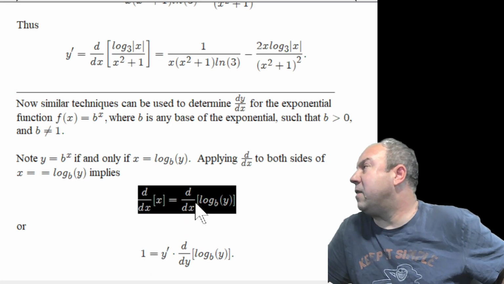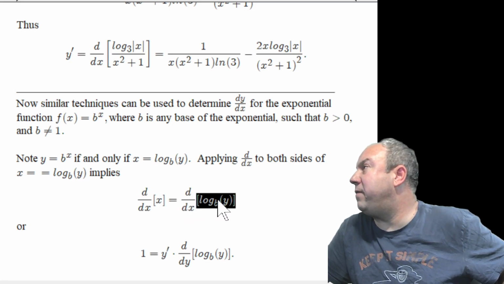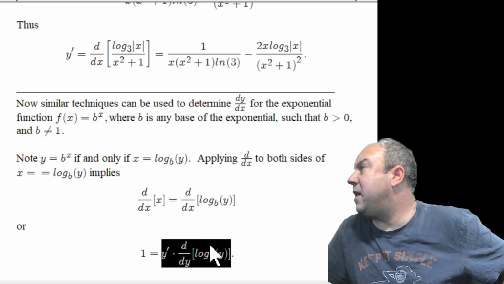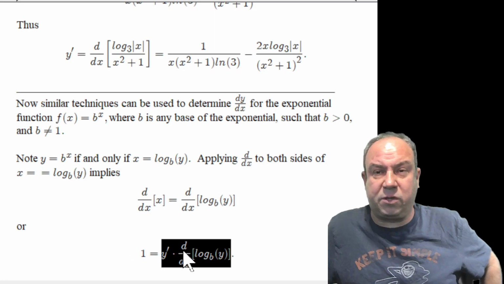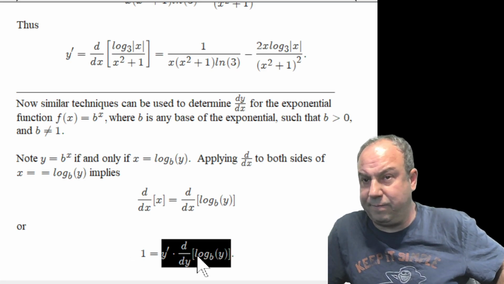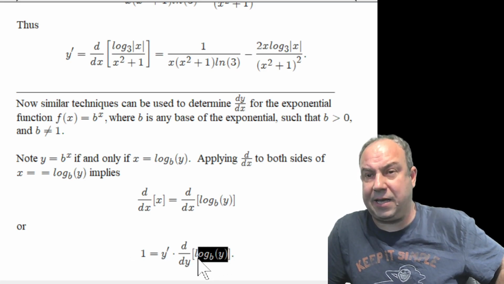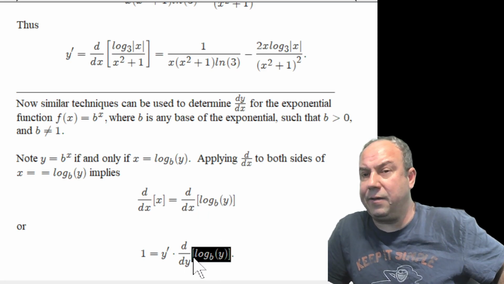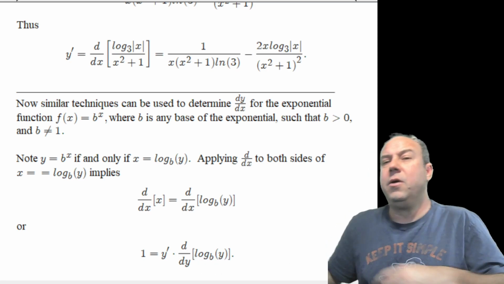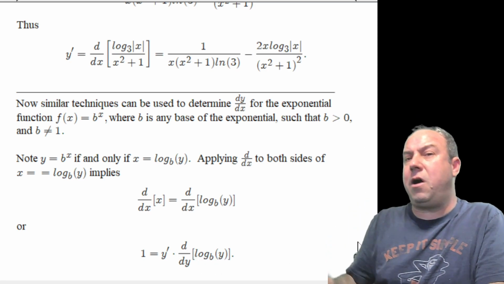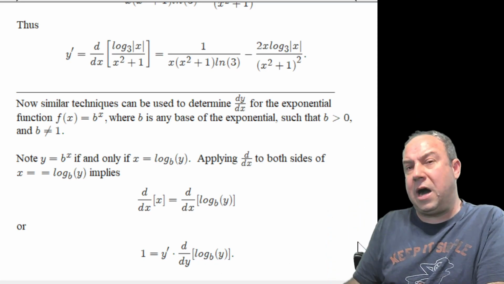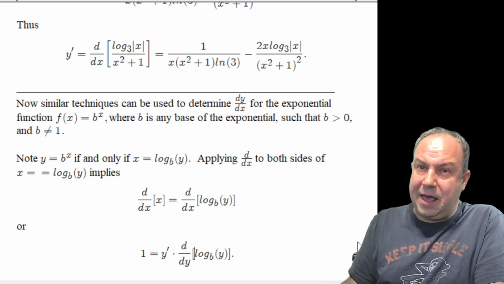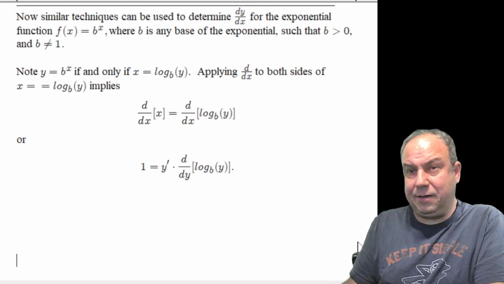And on the right-hand side, because I do not have a function of x in my argument here, I then have to write that as y prime times the derivative with respect to y for that function now of y. Right? This log base b of y. When I consider that derivative following the logarithmic rule, we know that's 1 over y ln of b.